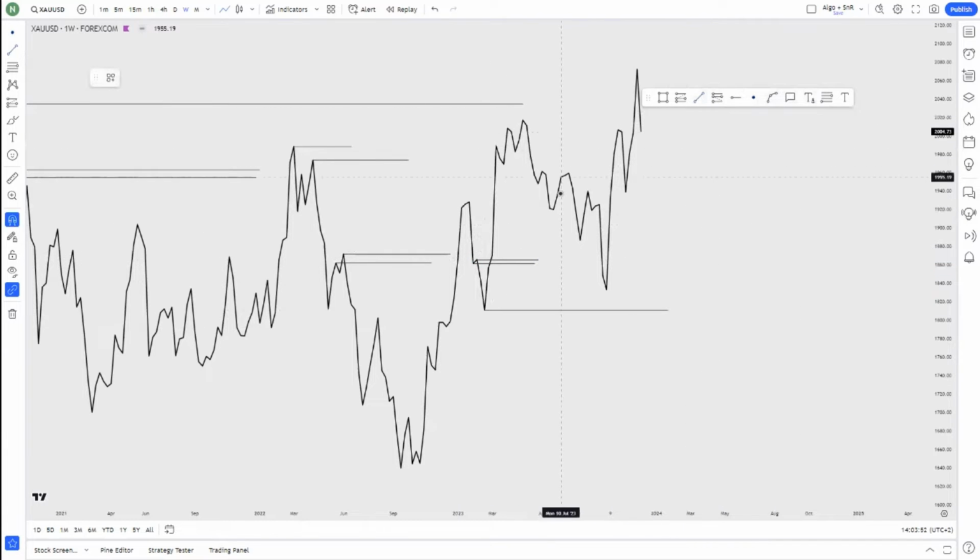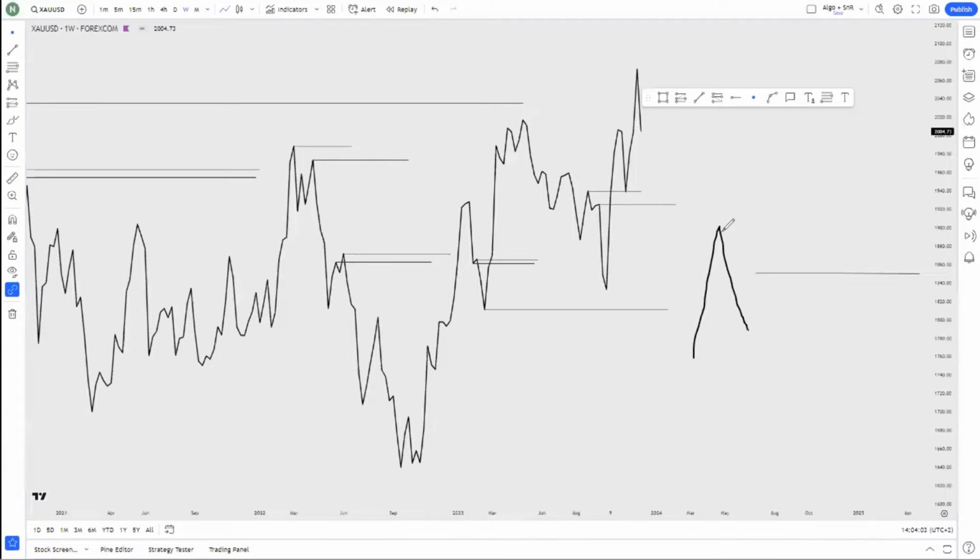Every shape that looks like this is going to be your support, then this is going to be your resistance, and this is going to be your support. So here you anticipate a reaction, and here you anticipate a reaction too.